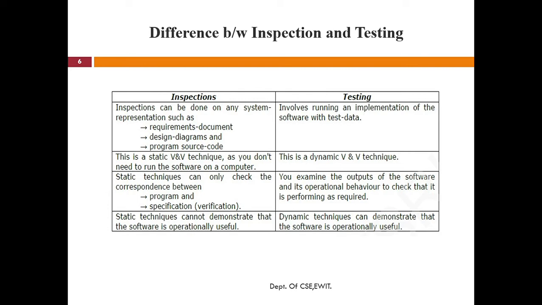Inspection means we check whether the requirements are accurate, whether the design is proper, and whether the source code is accurate. Testing means we run a program, we run code, in order to check whether it is proper or not. To run any code we need test data, which is used in the testing phase.